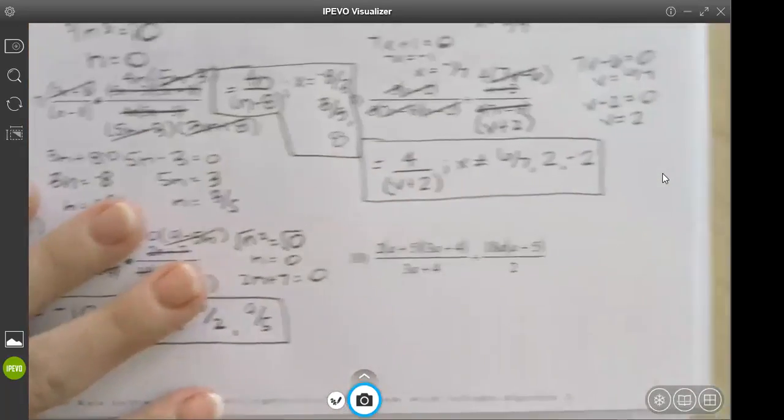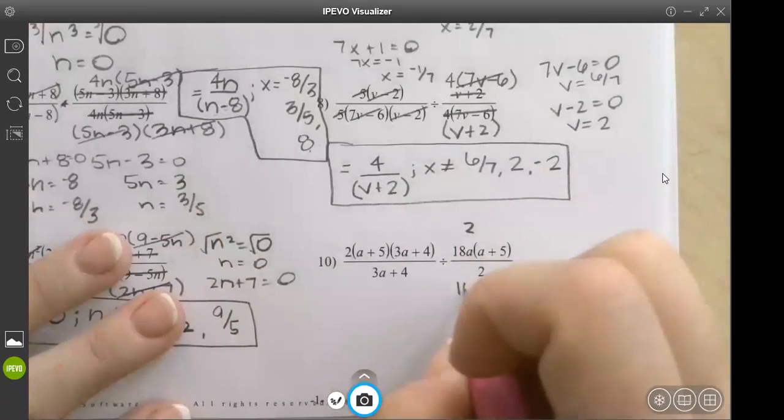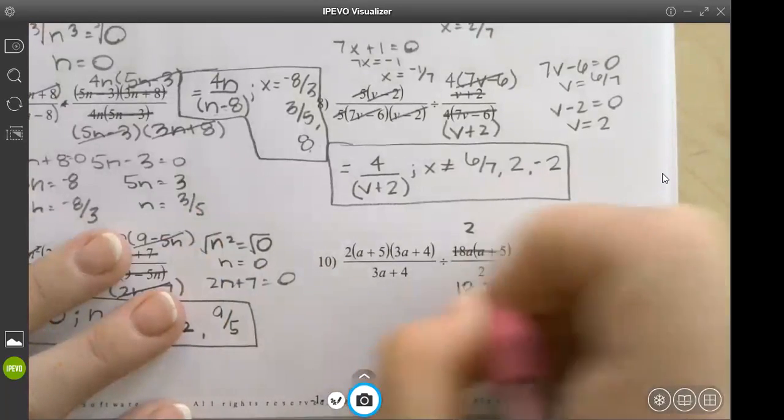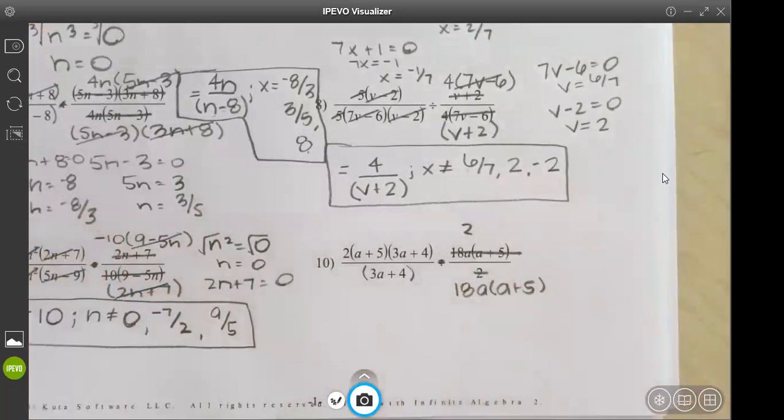Okay. On this one, flip the second fraction. Change it to multiply. Again, I always add parentheses around anything that they have not. So what can I mark out?